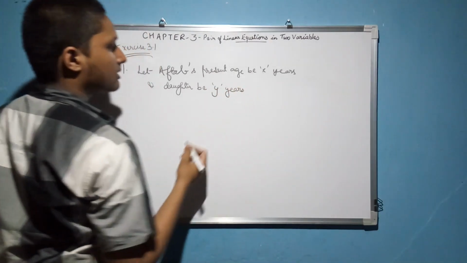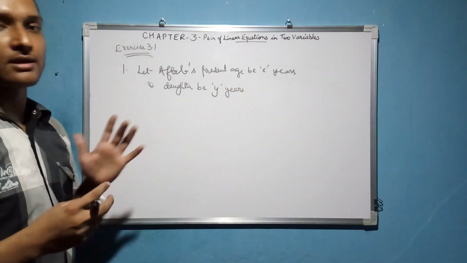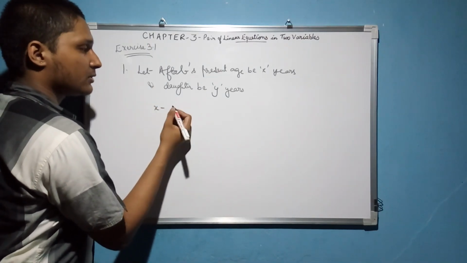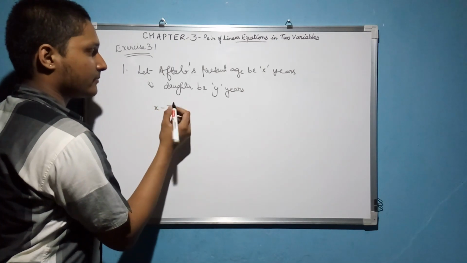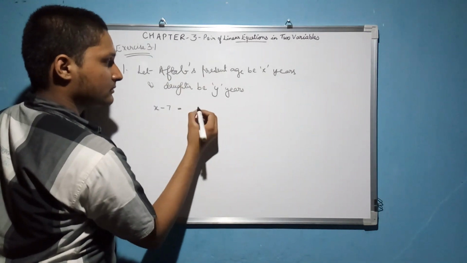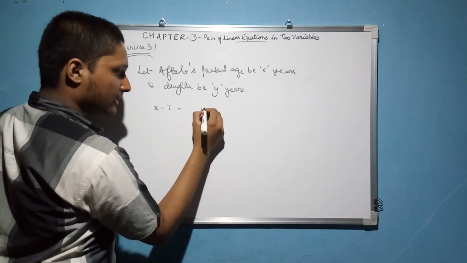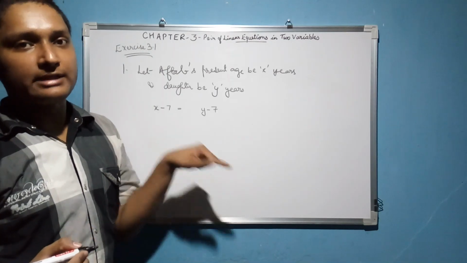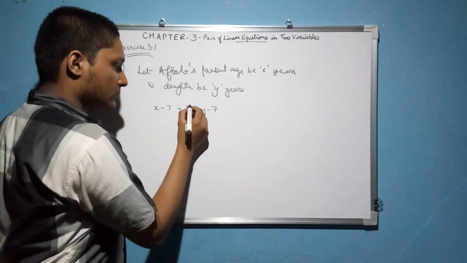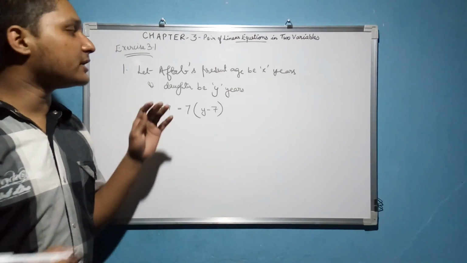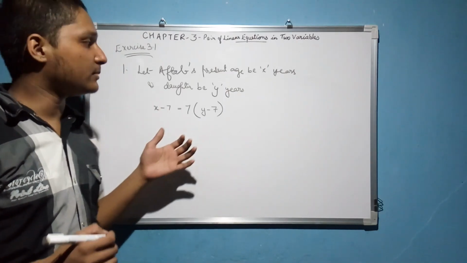Okay, it is given 7 years from now, so 7 years before, his age was x minus 7 and her age was y minus 7. It is given that his age was 7 times that of his daughter's age, so it is 7 times this. This is the equation. So the formation of equation is also important when it comes to a statement problem.